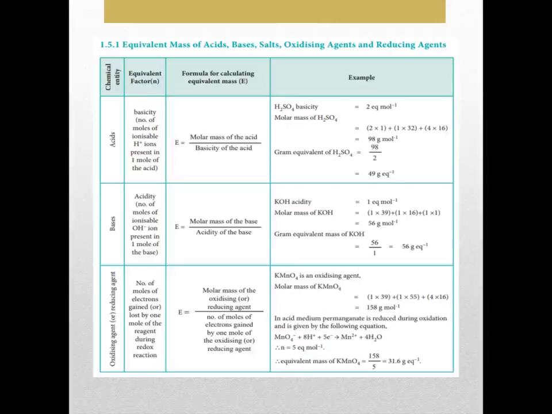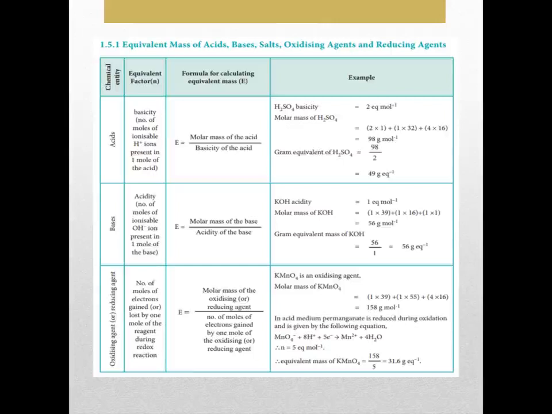Now we calculate the molar mass of H2SO4. There are 2 hydrogen atoms, and the atomic mass of hydrogen is 1. You can see atomic masses in the periodic table. Hydrogen's atomic mass is given as 1.008 or 1.007, so we take the rounded value 1.